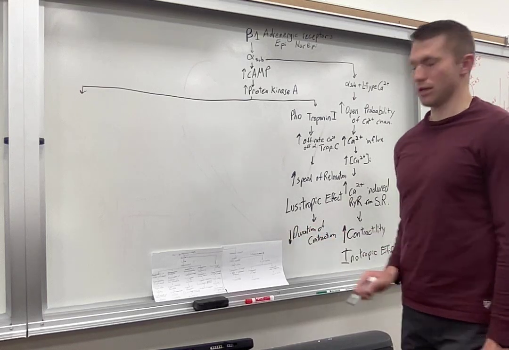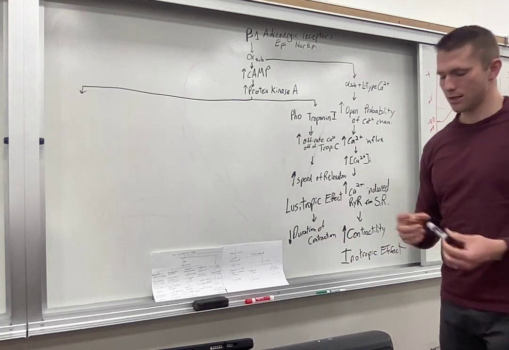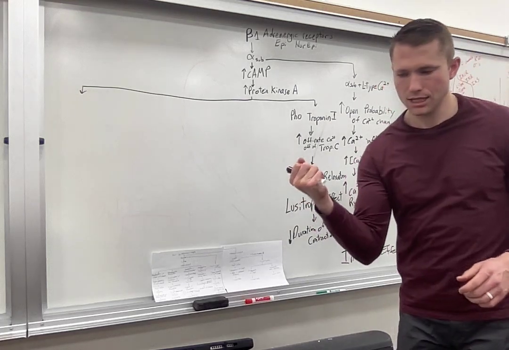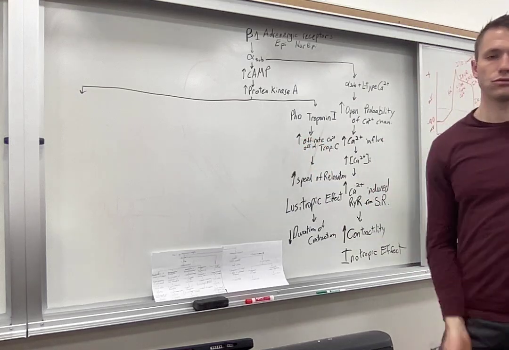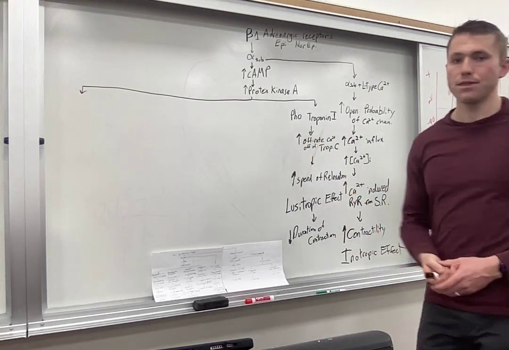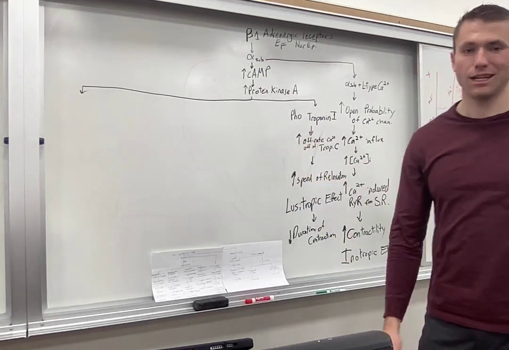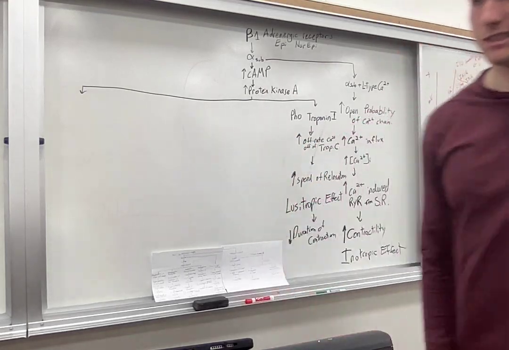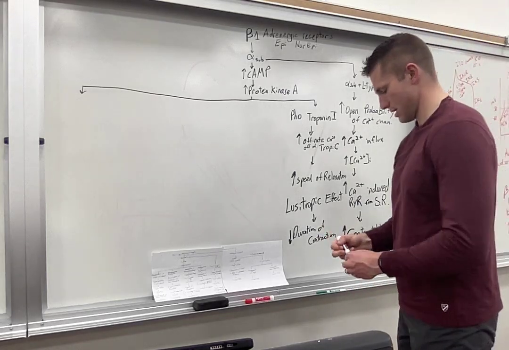I hope you said that it decreases, because it does. It decreases the duration of contraction because if something contracts and then slowly relaxes, that's a longer contraction, whereas if it just contracts and lets go, that's a faster relaxing. Okay, so lusitropic effect.